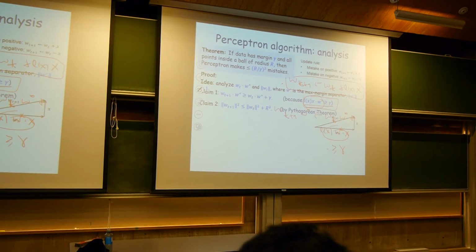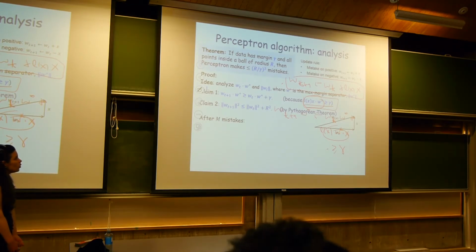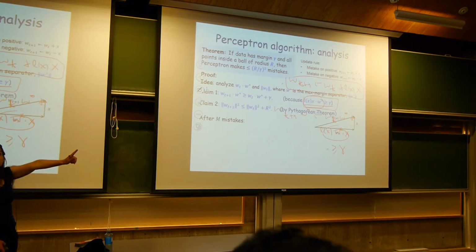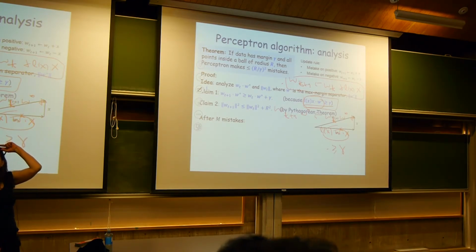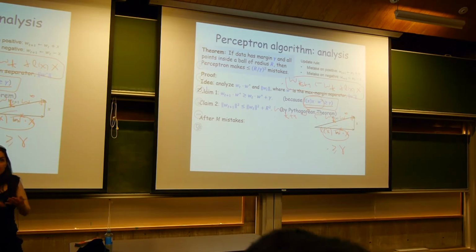Now we are ready to piece these two facts together to come up with the final proof. What do we get after m mistakes? What do I know about the dot product between the current guess for the target and w star? If I use claim number 1, every time I make a mistake, I add at least gamma to the dot product.